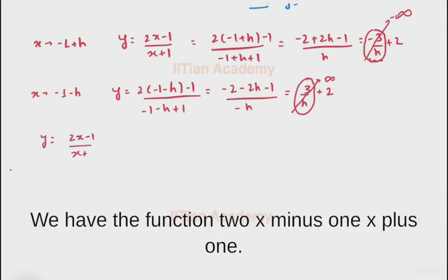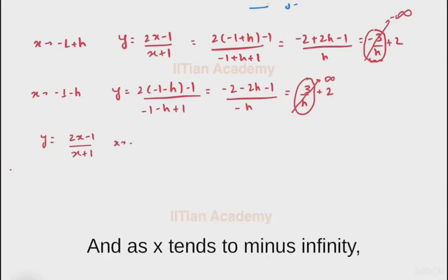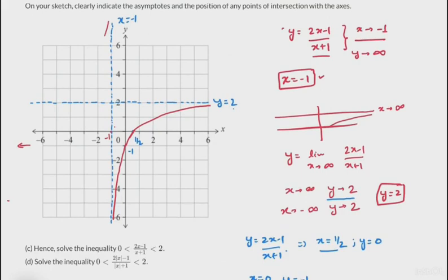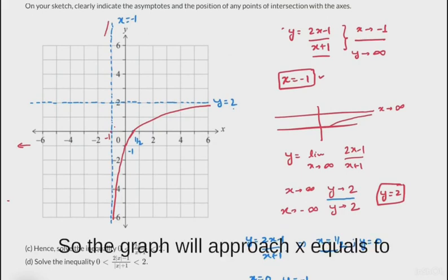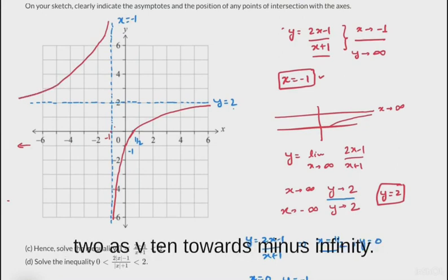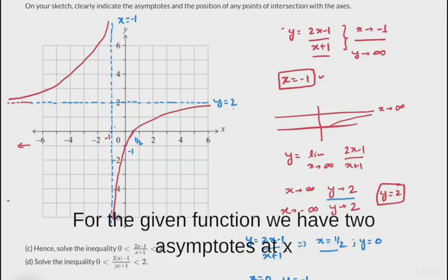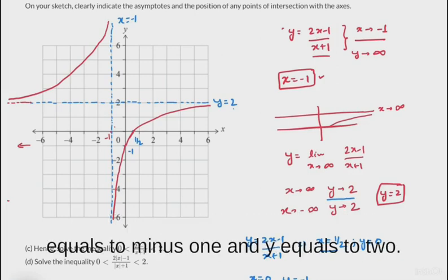We have the function (2x minus 1) by (x plus 1), and as x tends to minus infinity, y will again tend to 2. So the graph will approach y equals 2 as x tends towards minus infinity. So this is your graph for the given function. We have two asymptotes at x equals -1 and y equals 2.